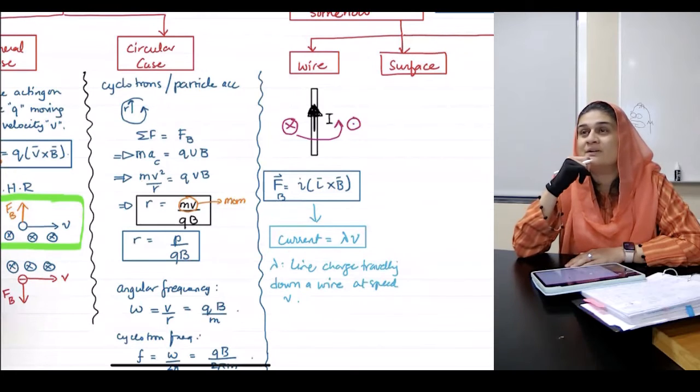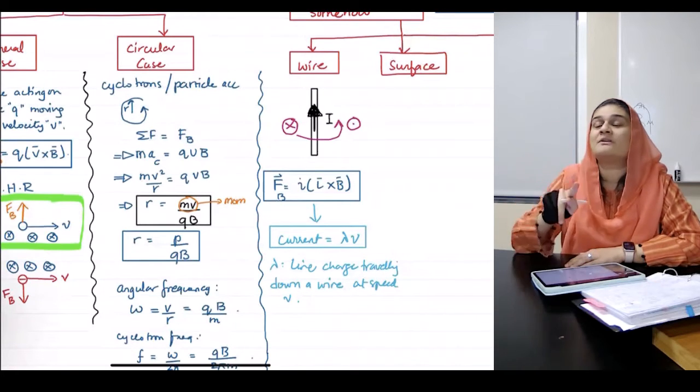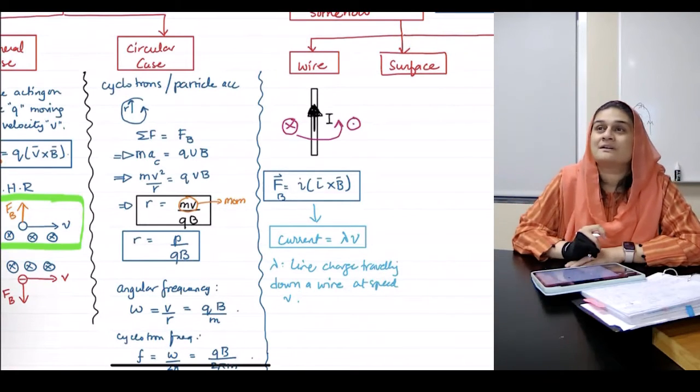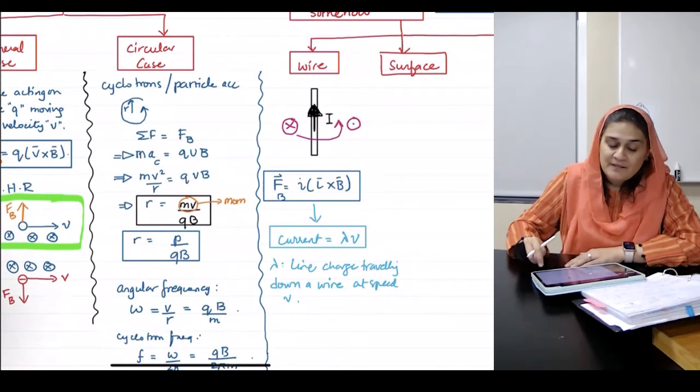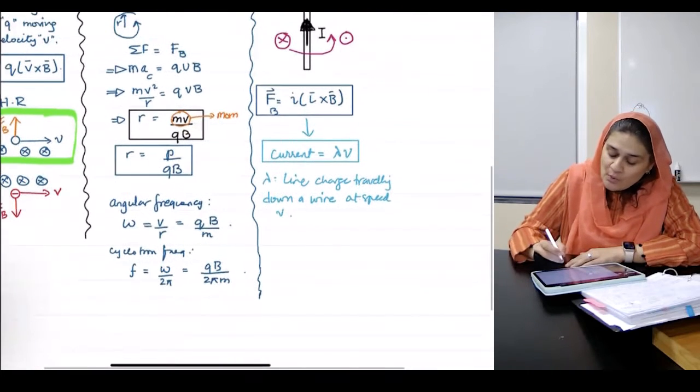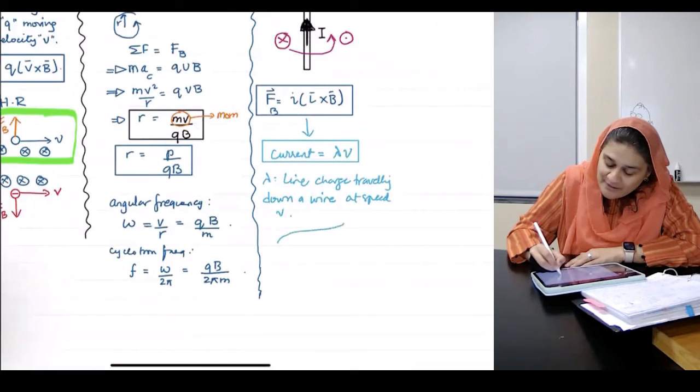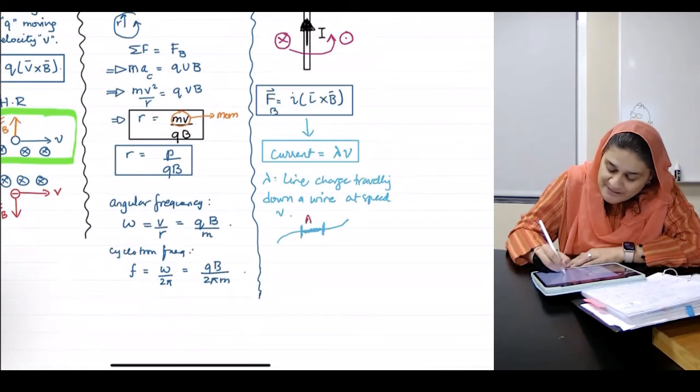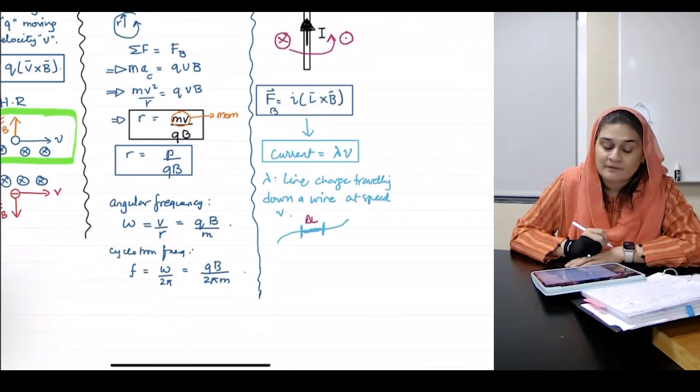However, in general, we ignore the fact that current is a vector because we've already given it a direction, right? Then he also says, what is that wire segment? Suppose this is your wire segment that you are worried about, and the length of the wire segment is dL.